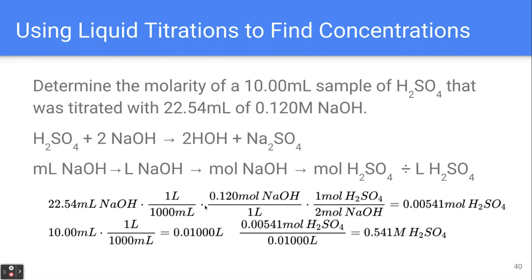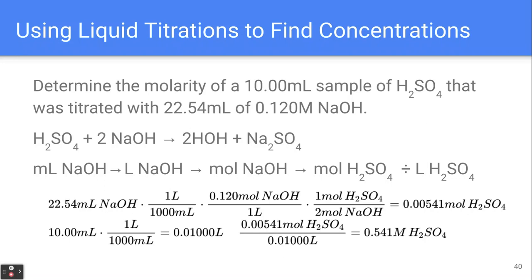Here's a sample problem here. Determine the molarity of a 10 milliliter sample of sulfuric acid that was titrated with 22.54 milliliters of 0.120 molar sodium hydroxide. So you can see there's my balanced equation. I'm going to start with the milliliters of sodium hydroxide, get it into liters, get it into moles of sodium hydroxide using my molarity. And then I'm going to use that mole-to-mole ratio to get me out of moles of sodium hydroxide into moles of sulfuric acid.